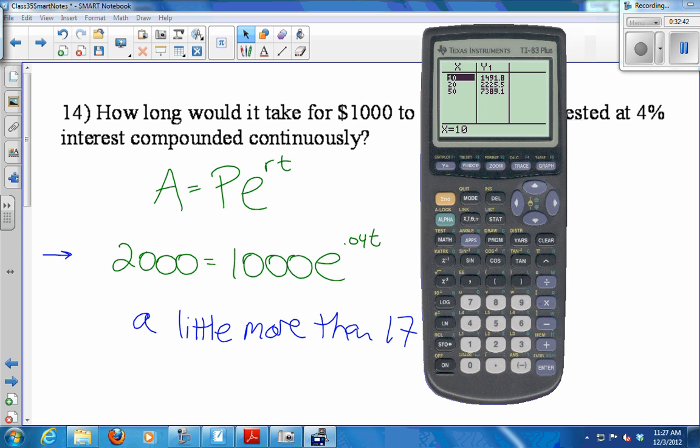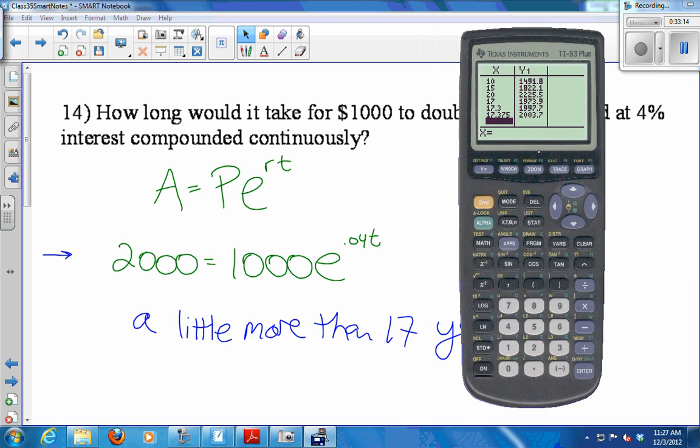I could do 10, 15, 20, and narrow in on it by using the table and not having to do so much typing. So 17, too small, 17.3, a little small, 17.375, pretty close, a little big. So you can use the table.